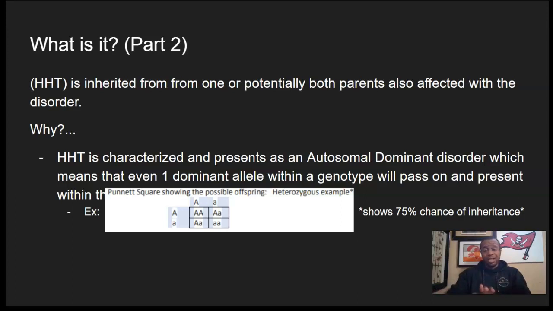This Punnett square is less affected than if one parent did not have the disorder and one parent had a homozygous dominant genotype, because if they had four kids, all four children would have the disorder. In this case, it's only a 75% chance. So it just goes to show the different examples, which I will also show a little bit later.